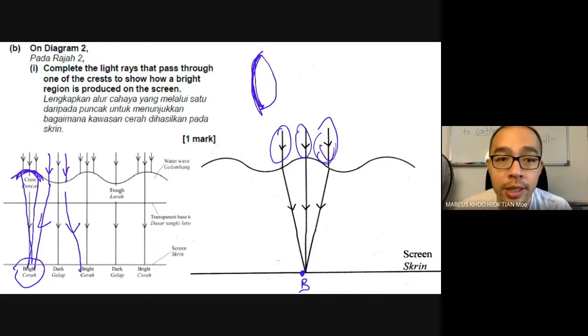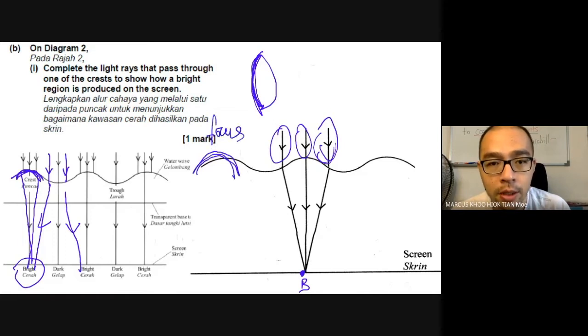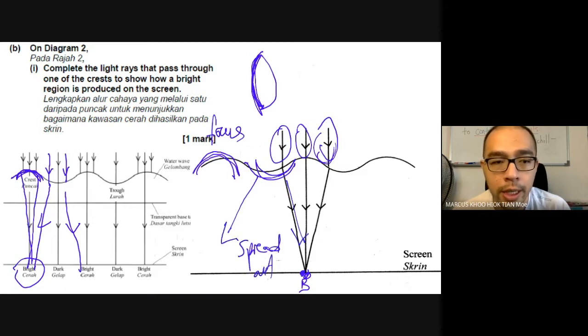Interestingly, if the wave is a crest, it's going to focus. It's all going to focus on one place. If it is a trough, it's going to spread out. That's why the places where the light focuses are bright, and the places where the light spreads out are dark.